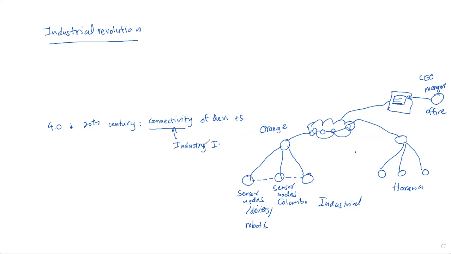So industrial IoT is a feature of the Industrial 4.0 revolution. I mean, we can always search on the internet for Industrial 4.0, and then we can see that industrial IoT is one of the main features of Industrial 4.0, right?